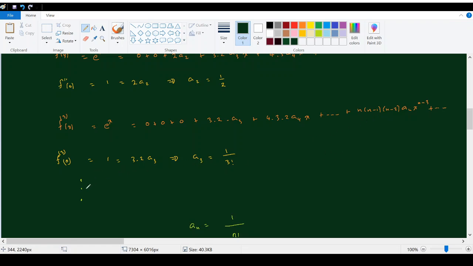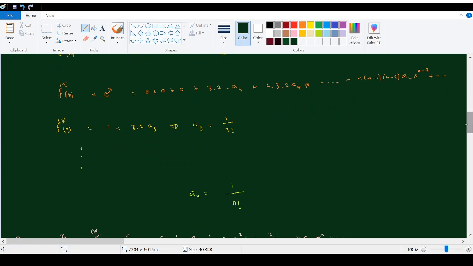And if you do a couple more steps, you can eventually identify that the general nth term is given by 1 divided by n factorial.